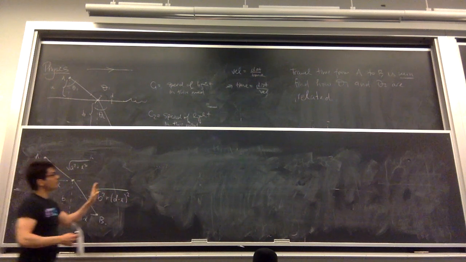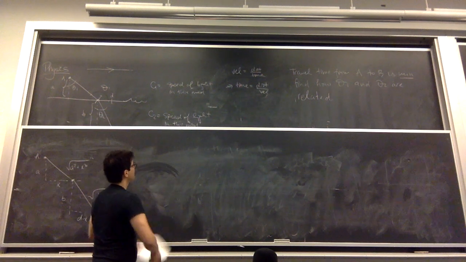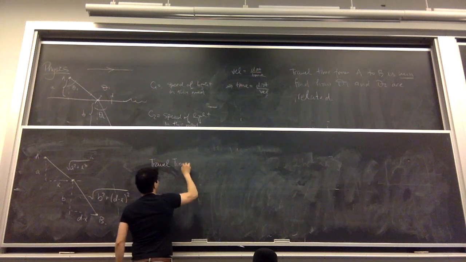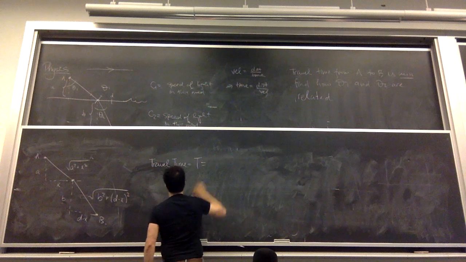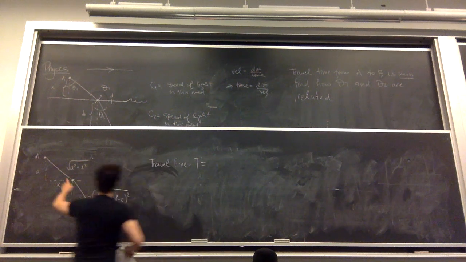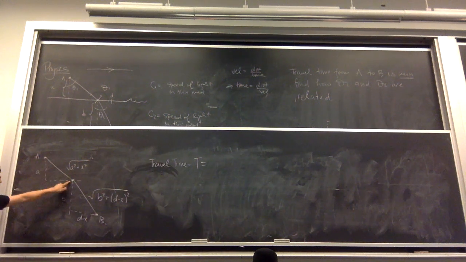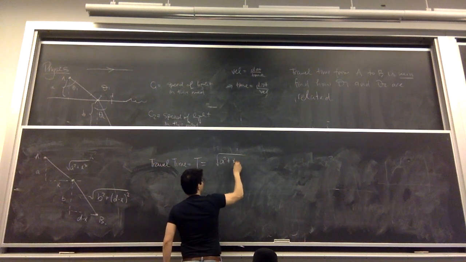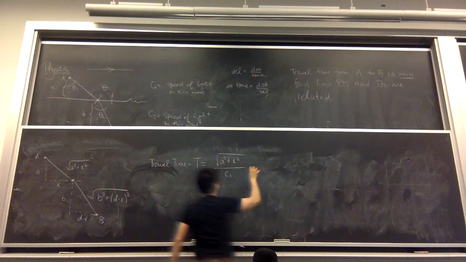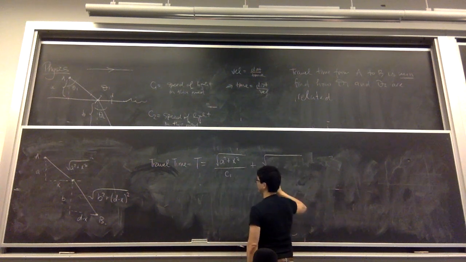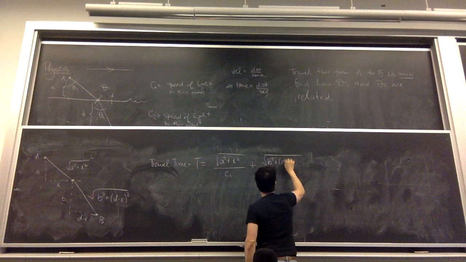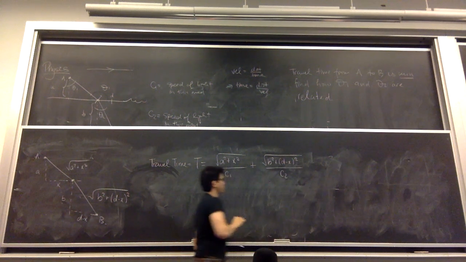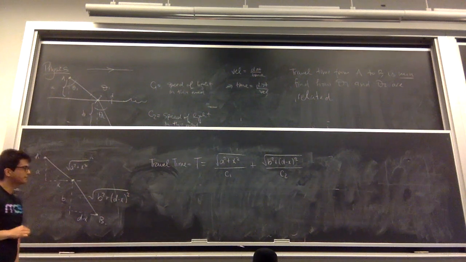Now I know that the travel time, let's call that t, is equal to this distance divided by the velocity, or the speed, plus the next distance divided by the velocity through the second medium.